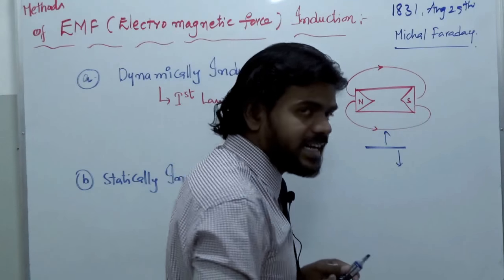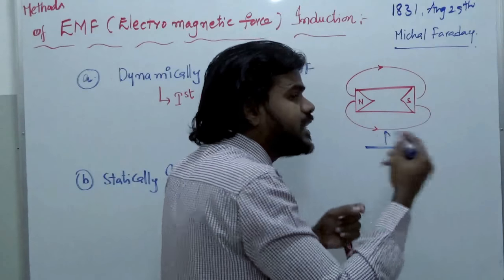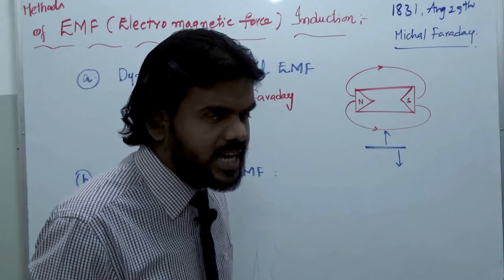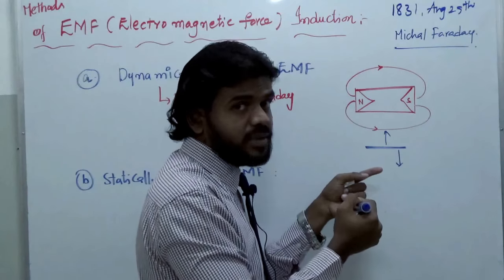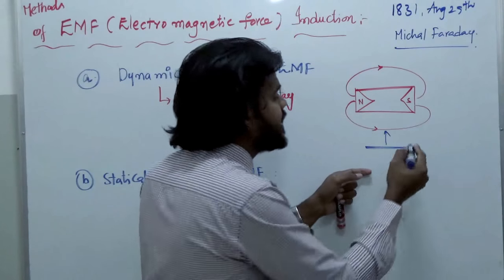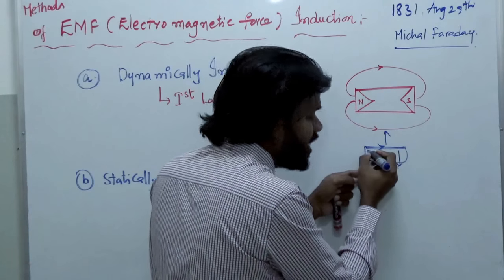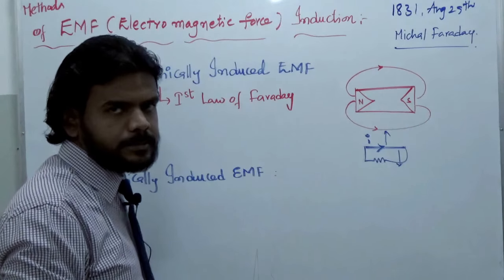Then it is cutting the flux. That's how it is satisfying the first law of Faraday, and thereby I can say that because it is cutting the flux, there can be an EMF induced, and if it is closed with the load, then you will have a current flow through this conductor.